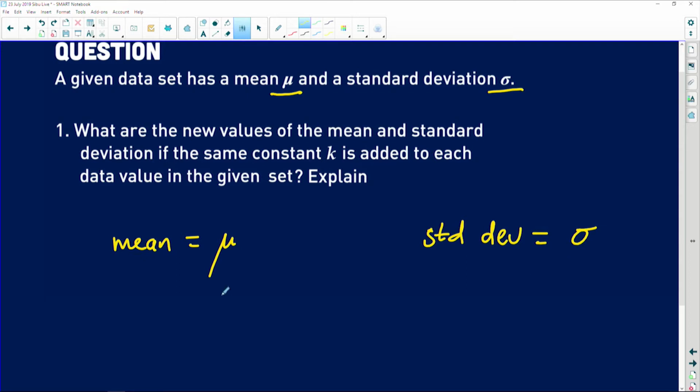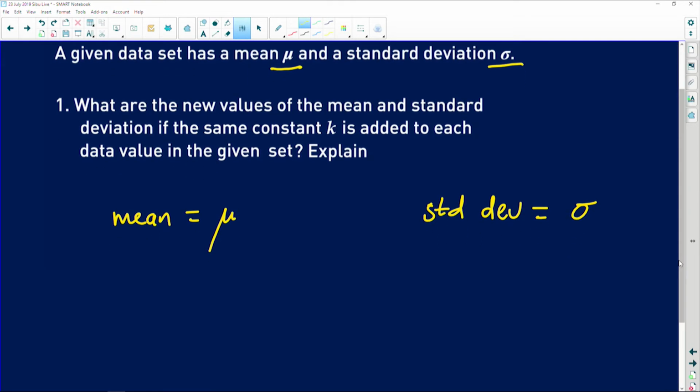Now, if you add a constant value on your old values, right, if you keep on adding k, the mean will not remain the same. It is also going to change by that same amount k.